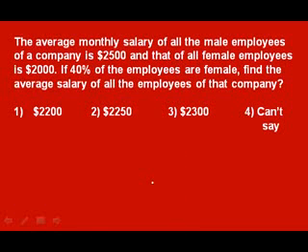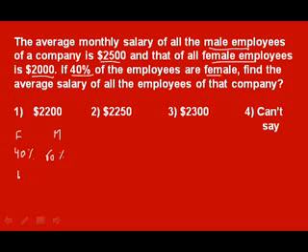So in this question, there are male employees and their average salary is $2,500, and there are female employees, their average salary is $2,000, and 40% of the employees are female. So if 40% of the employees are females, which means that 60% of the employees are males.